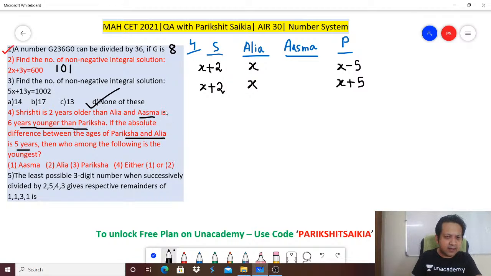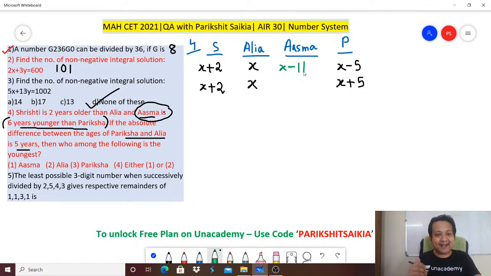What was the last line? Asma is 6 years younger than Pariksha. In scenario 1, Pariksha is X minus 5, so Asma is X minus 5 minus 6, which becomes X minus 11.